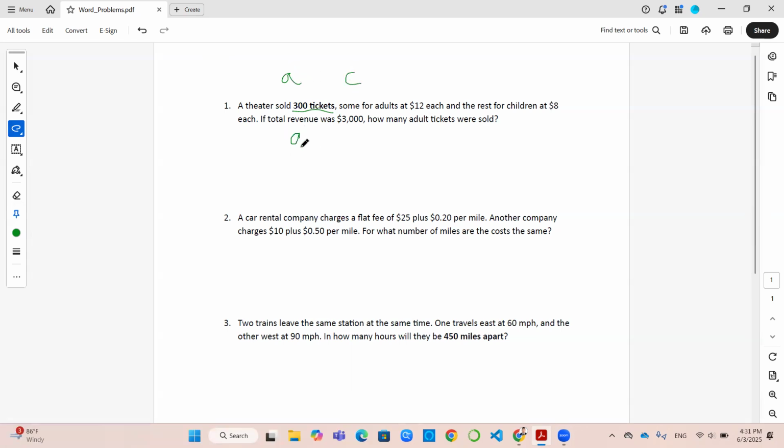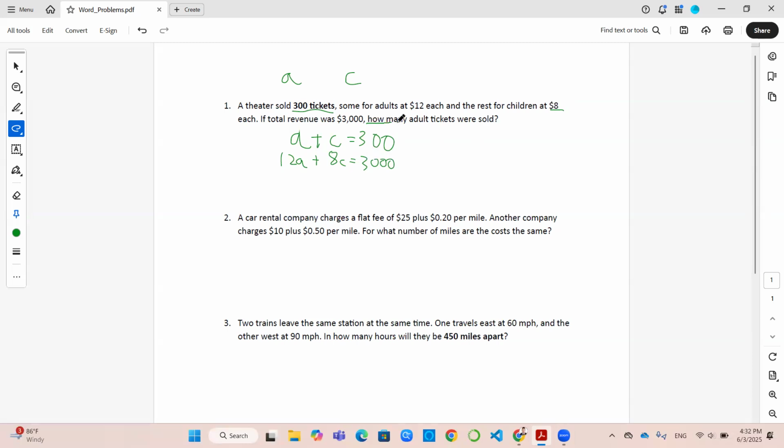So in total, we need to have 300, okay? And it says $12 each for adult. I'm gonna go ahead and write this as 12A plus 8C because $8 each for children. And this is equal to 3,000.